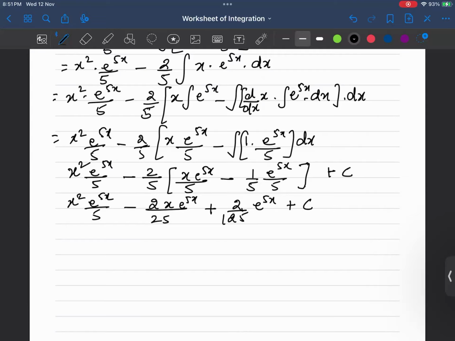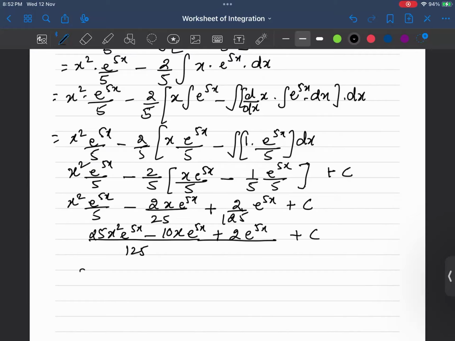Can I take the LCM? 125, I can write it the way I want to. It would be 5 5s are 25, 25x square e power 5x minus 10x e power 5x plus 2 e power 5x plus c.